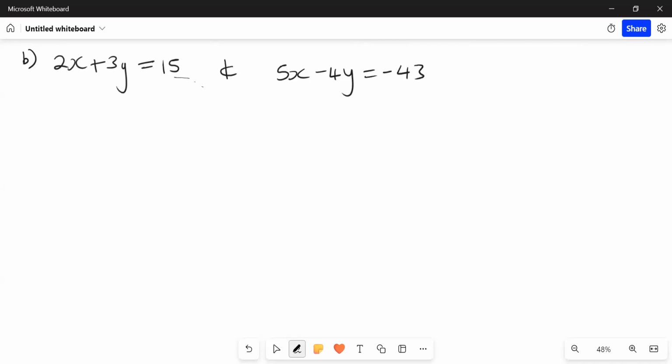This becomes our equation 1. That's the first step. This becomes our equation 2, right? Perfect. And remember, now we're solving for x and y using substitution.